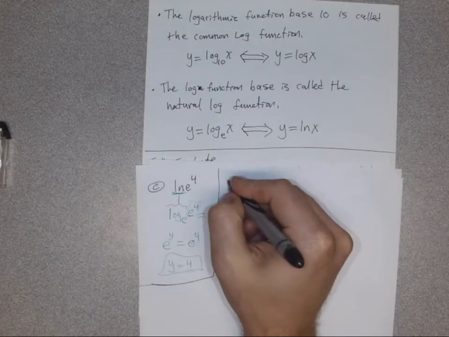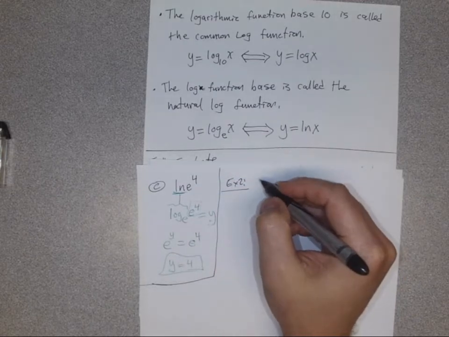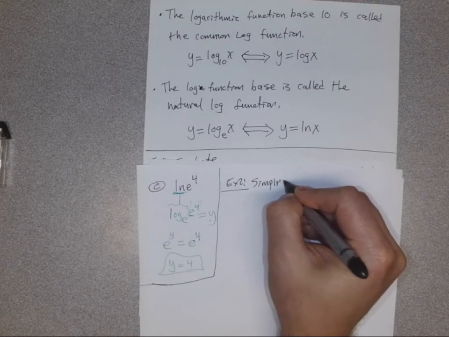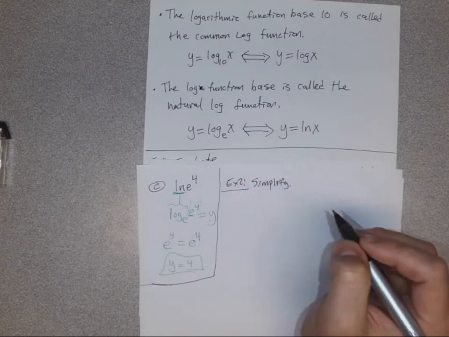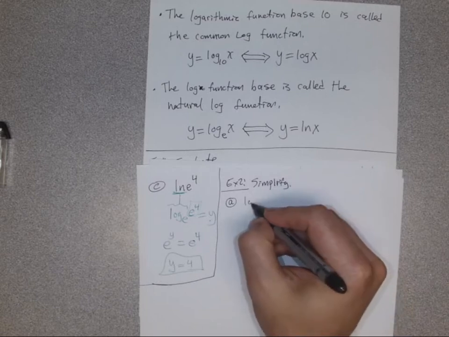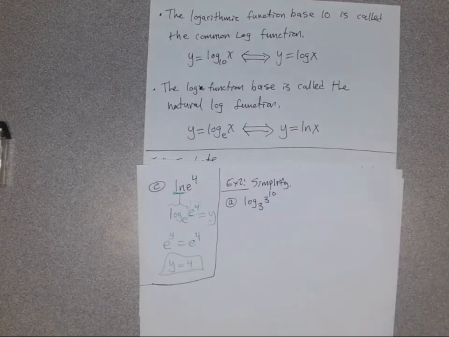So let's look at this. Example 2, and let's say simplify. All right, part A, log base 3 of 3 to the 10th power. All right, so try this one.